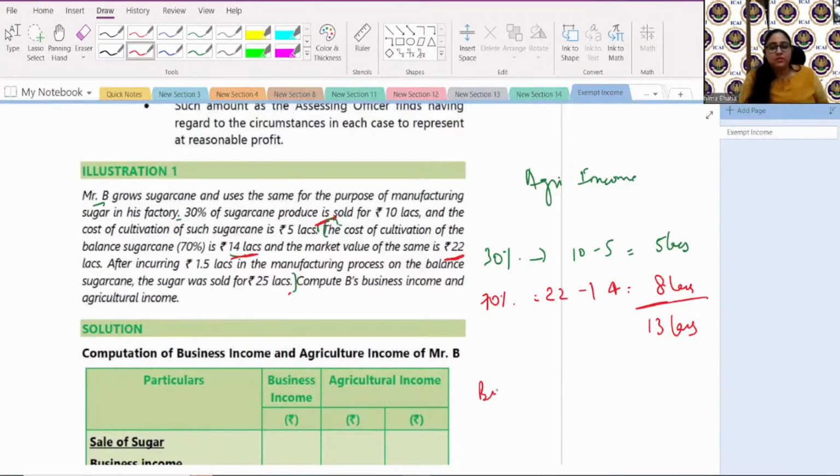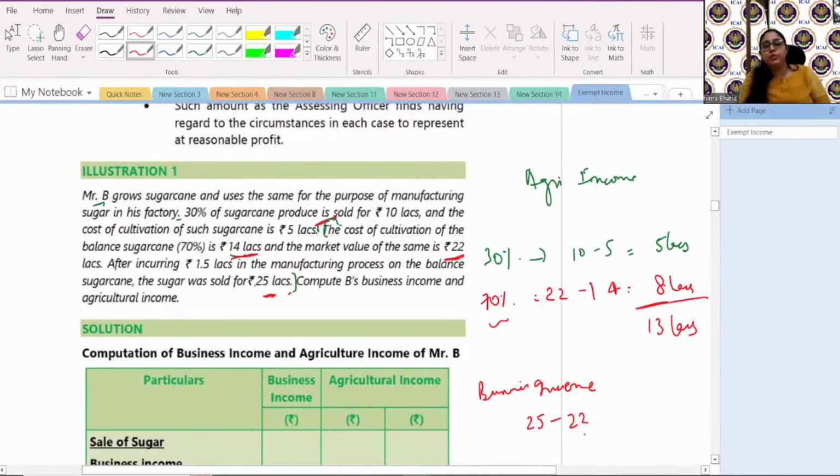So there is the business income which is coming from this 70% of sugarcane. How much is coming? 25 lakhs. Now out of 25 lakhs, 22 lakhs is the cost of the raw material, which is sugarcane.